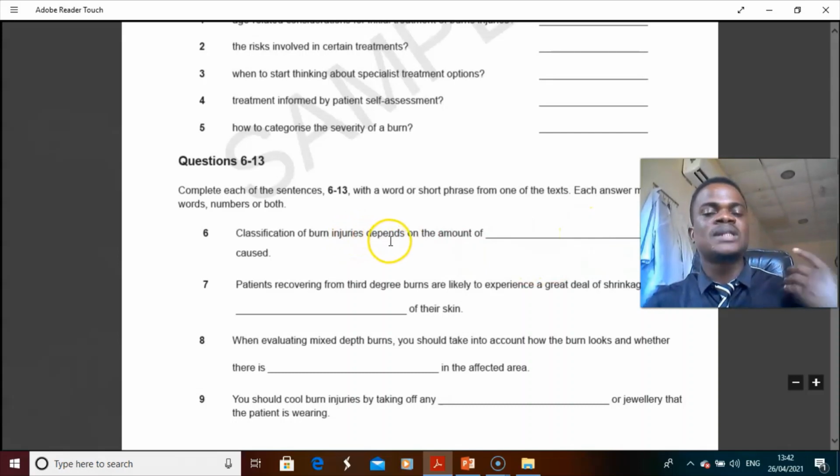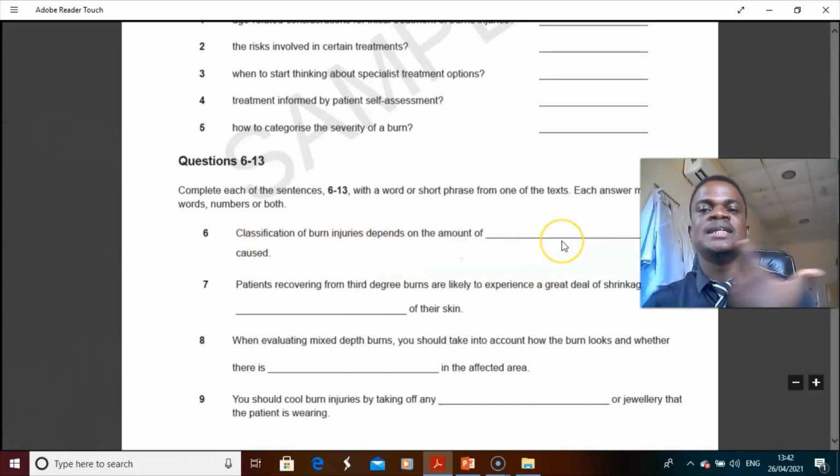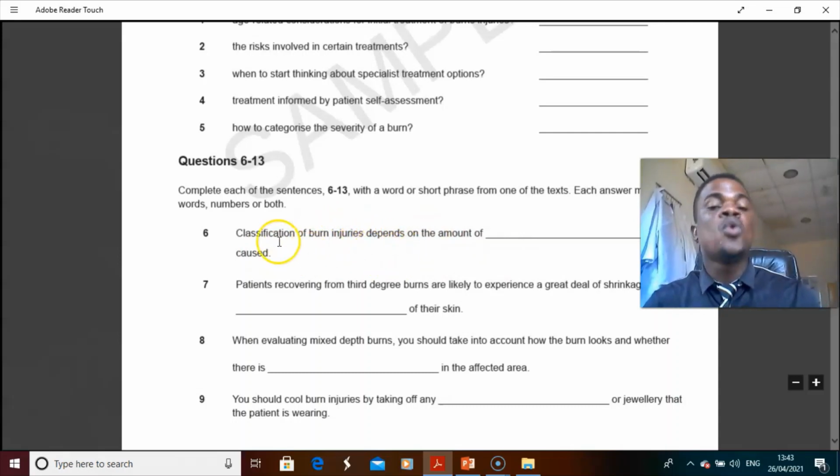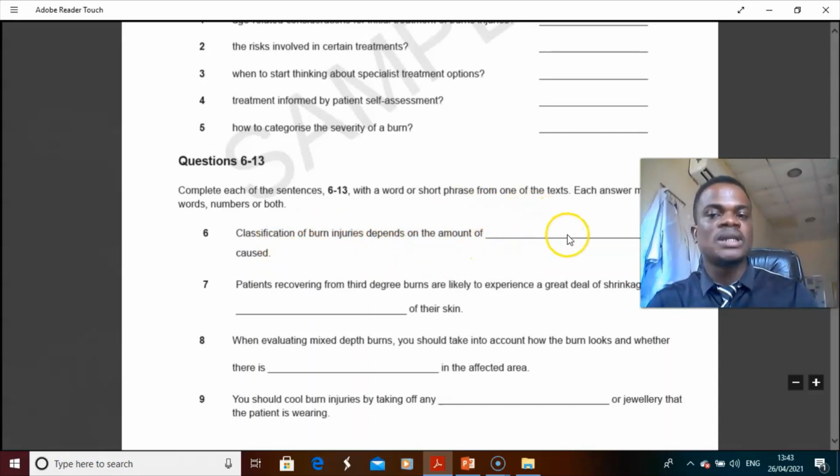So with those things I have in my mind, will this information be in the depth of burns, or will this information be on the management, which is part C, or will this information be on the treatment guideline? Do you get? So that's how you will now decide. By the time you decide where this would be, you go back to the text to look for the answer and fill it in here.